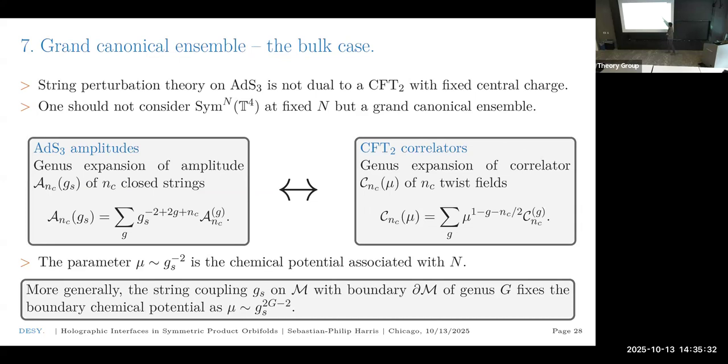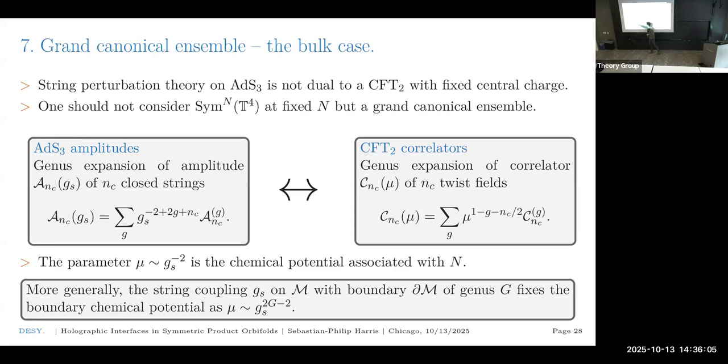Then you will find that the contribution of a covering space with genus G to the connected part of a correlation function scales with this chemical potential exactly with 1 minus G minus NC over 2 if you take NC twist fields in this correlator. The statement is for the case, of course, where the symmetric product orbifold lives on the sphere.